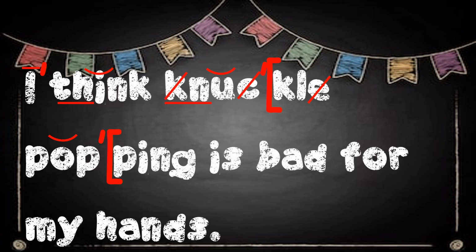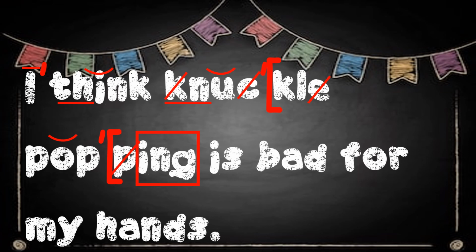I see that I have 2 P's close together. I don't need to say both of them, so let's cross the second one out. And I also see that I have an ing suffix at the end of my word, so let's put a box around that.